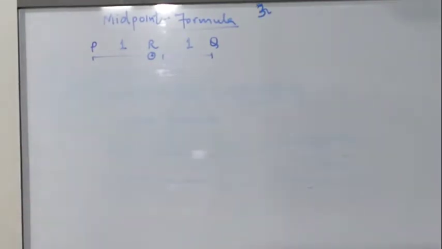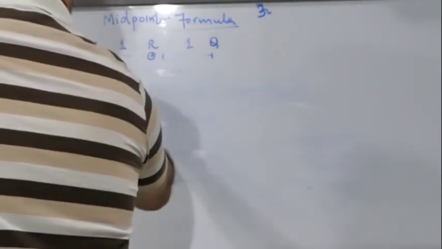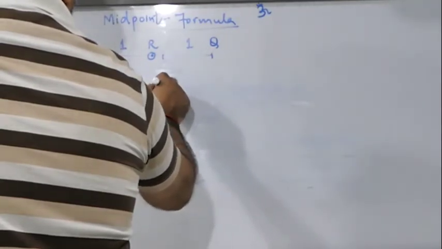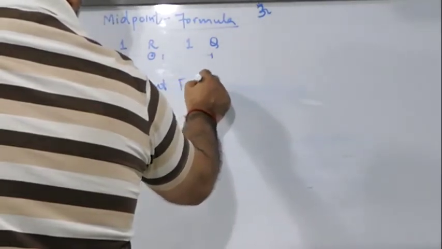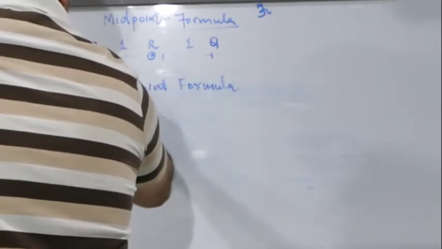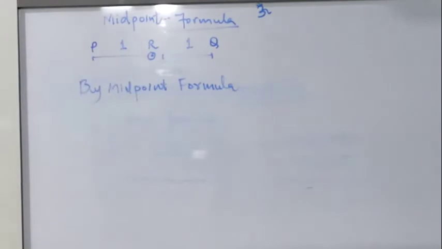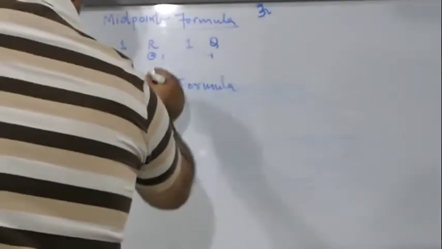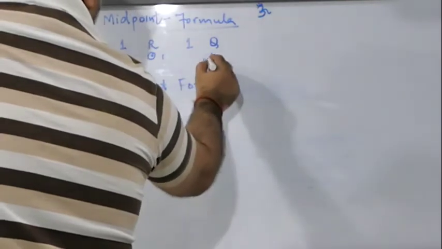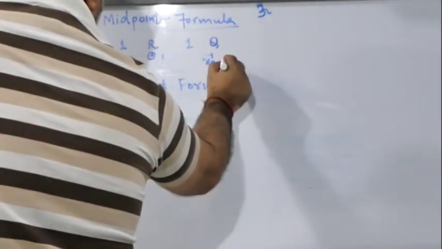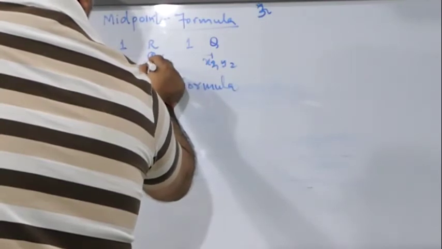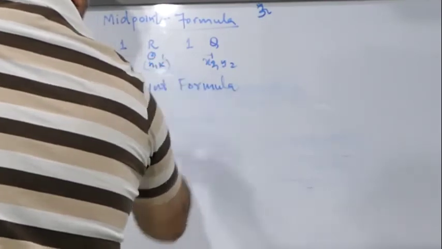Alright? So, what is going to be the midpoint formula? Let's see. By midpoint formula, you will have, let us say this is x1, y1, let us say this is x2, y2, and this is, let's say, the midpoint h comma k.